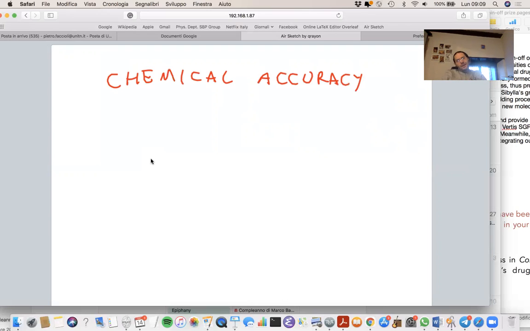Chemical accuracy, at least from a physicist's point of view, means a whole lot of accuracy. You should be realizing that in many fields of theoretical physics, people are content with semi-qualitative predictions. Let me give an example. Suppose you want to compute from very first principle the mass of a proton.